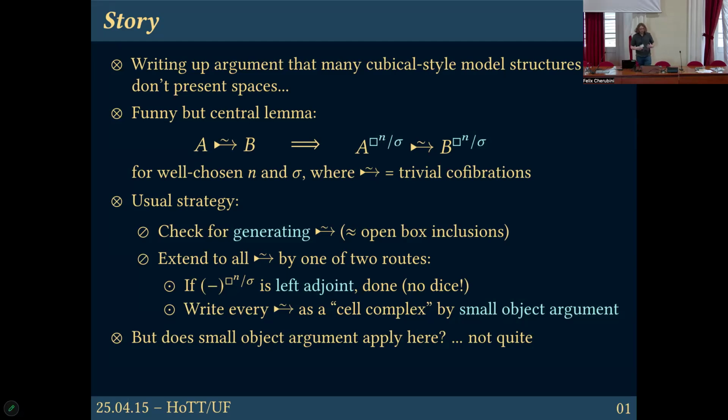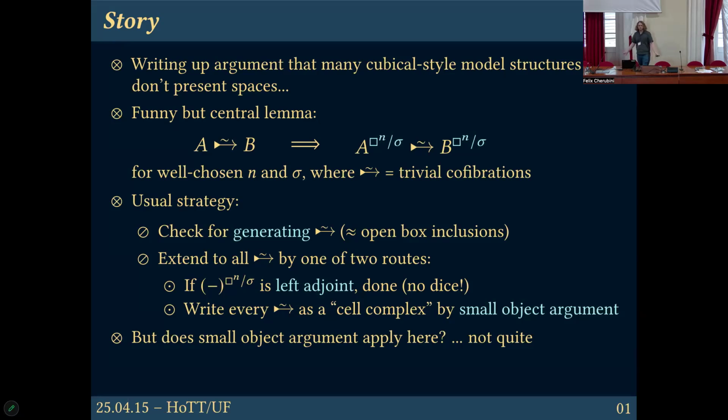The other way to do it is to use a characterization of the trivial cofibrations as cell complexes or relative cell complexes, which are built out of the generators by certain colimit-looking operations. This sort of stuff goes under the name of small object argument. But are we actually in a situation to use the small object argument?